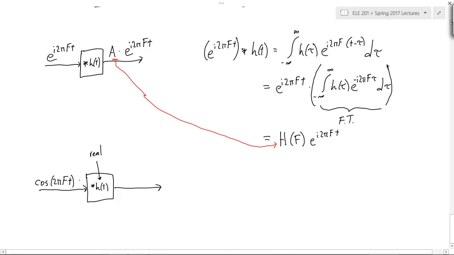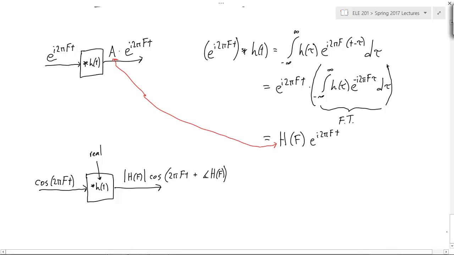To calculate what happens, you have to do some work, and you've already done it in your problem set. The easiest way is to split that into two complex exponentials, handle them each separately, and use linearity. The bottom line is you get the magnitude of H of F out front, the scaling factor for the cosine, and you get the phase of H of F in the argument.